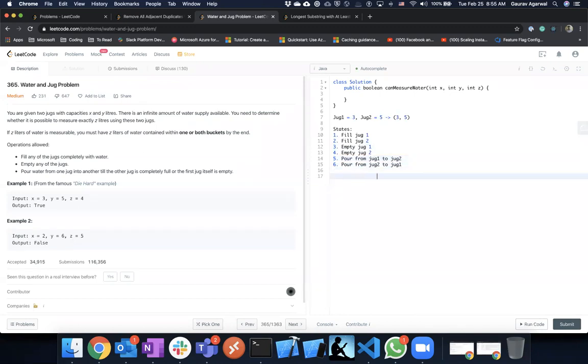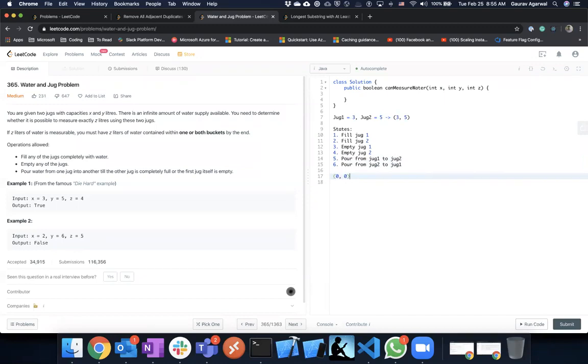Our initial state is 0 0, assuming both jugs are empty. How many states can we go to from this state? Let's try to calculate those.